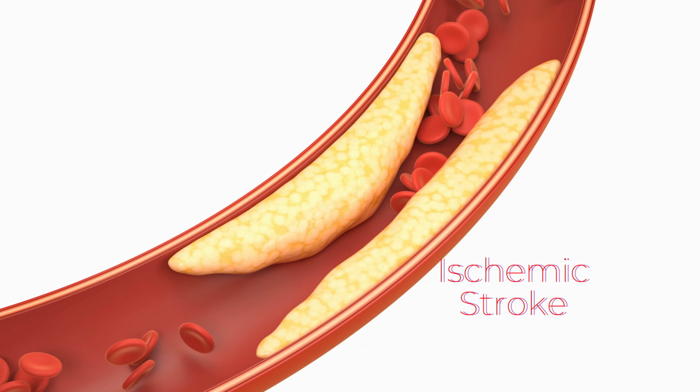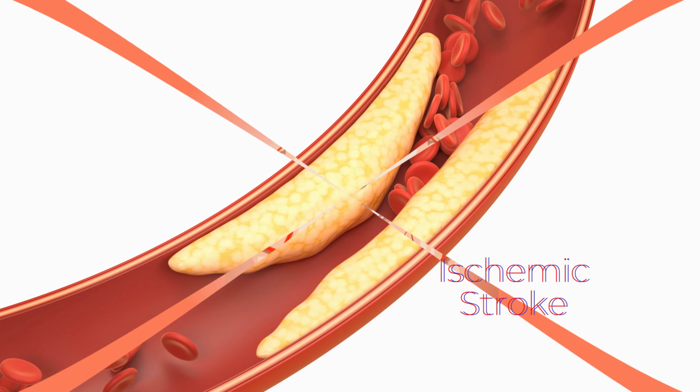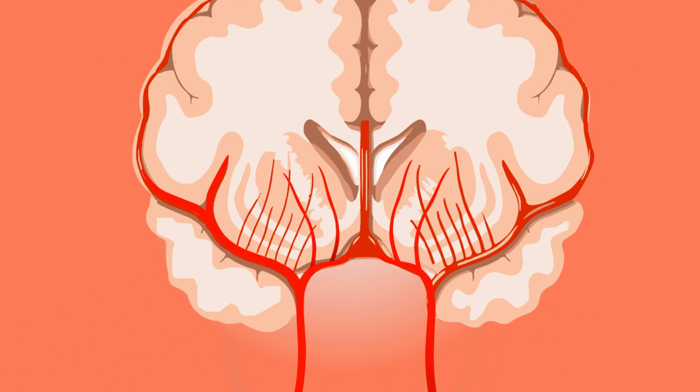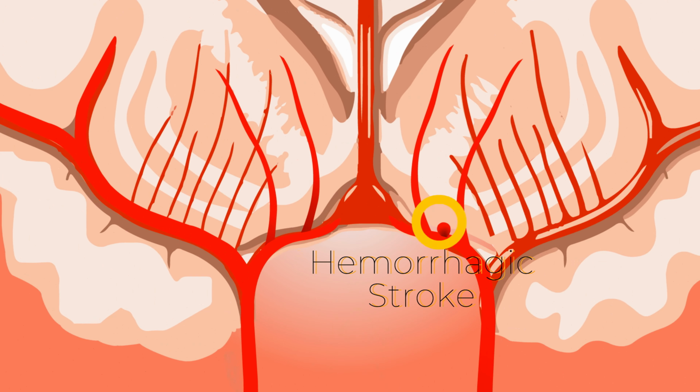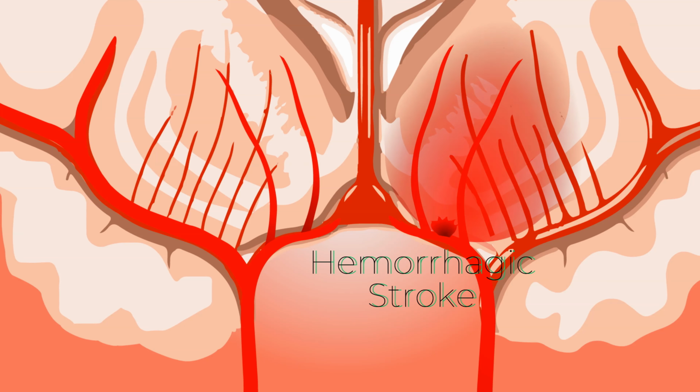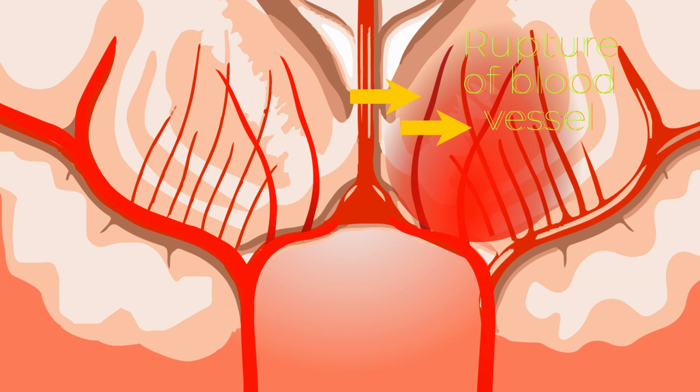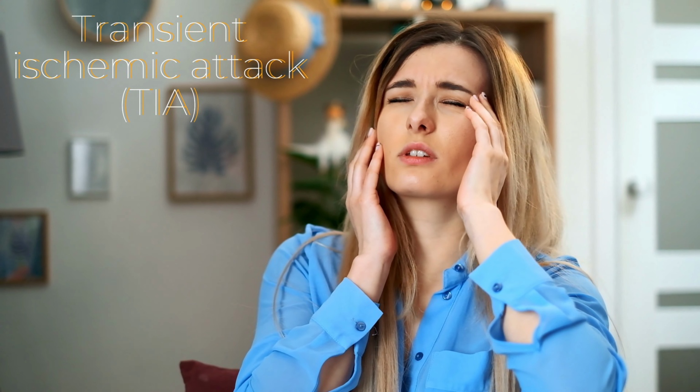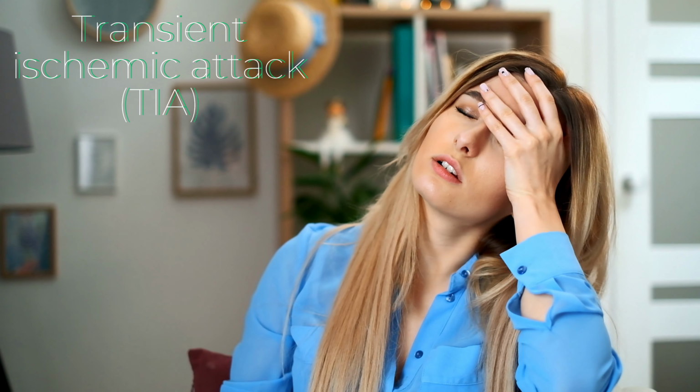A stroke can result from a blocked artery, ischemic stroke, or the leaking or bursting of a blood vessel, hemorrhagic stroke. Some people may experience only a temporary disruption, known as a transient ischemic attack, TIA, that doesn't cause permanent damage.